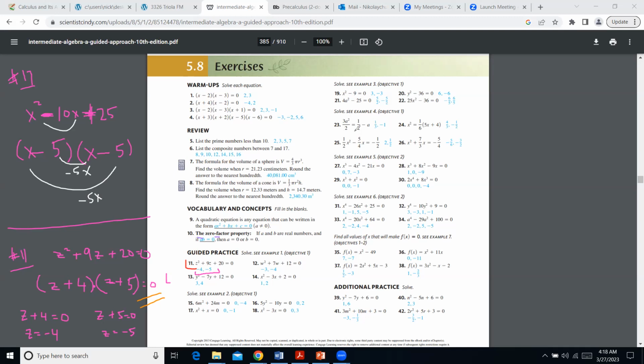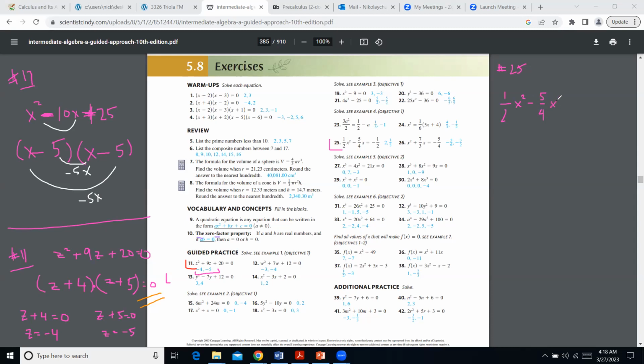So let me try problem number 25 here, the one that has denominators, the one that has fractions. So we have 1/2 multiplied by x squared minus 5/4 multiplied by x.